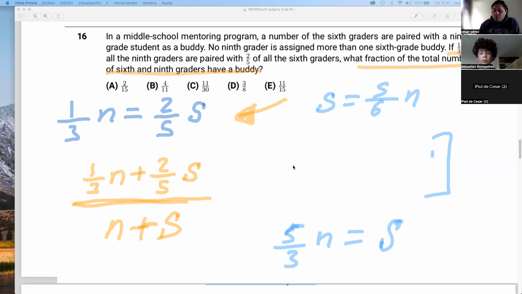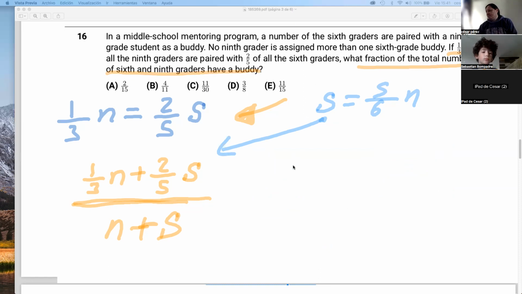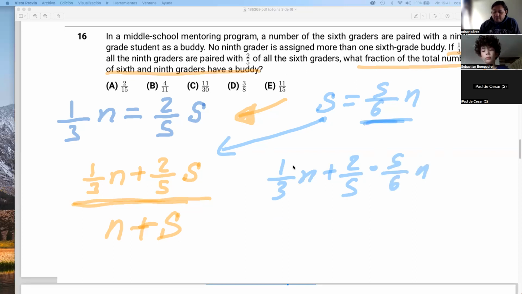So if we have this, we only need to substitute s in this expression. We will get 1/3 of n plus 2/5 times s. The value of s is 5/6 of n, over n plus 5/6 times n.